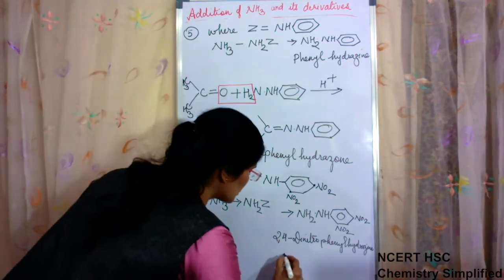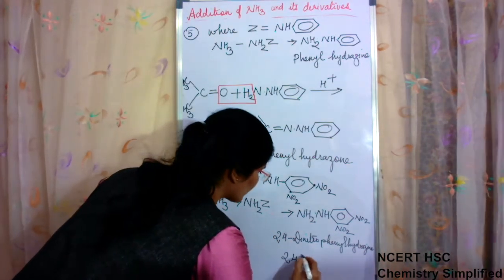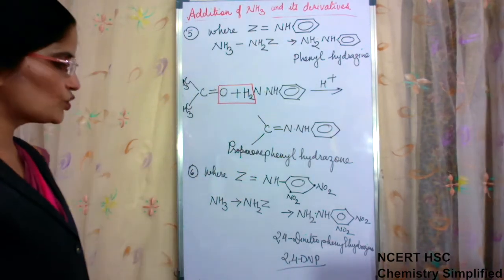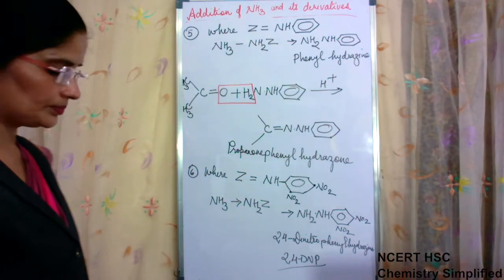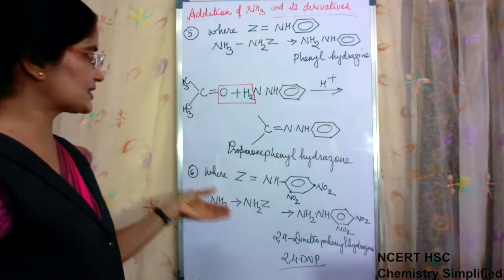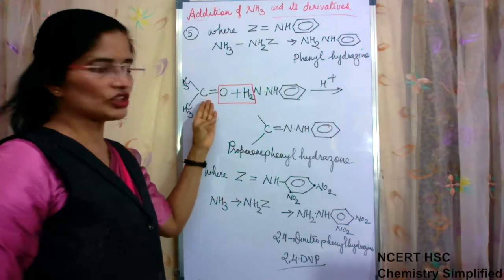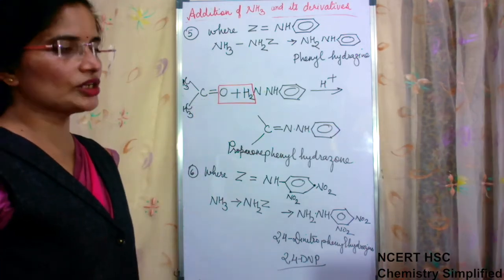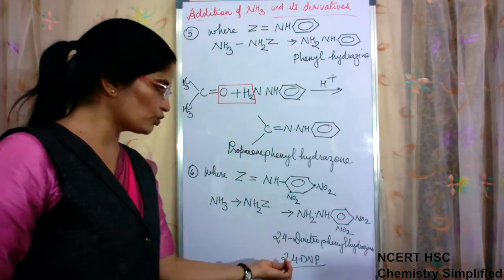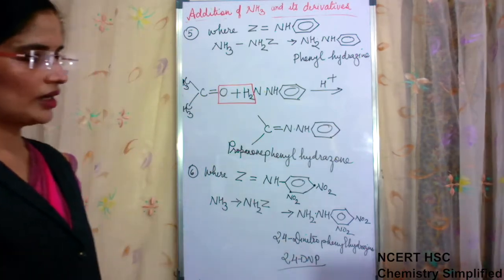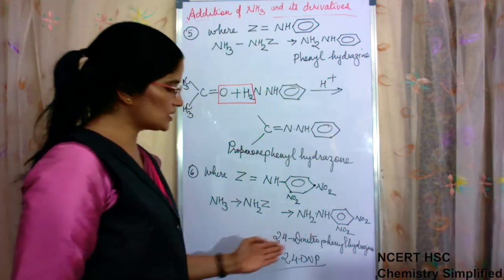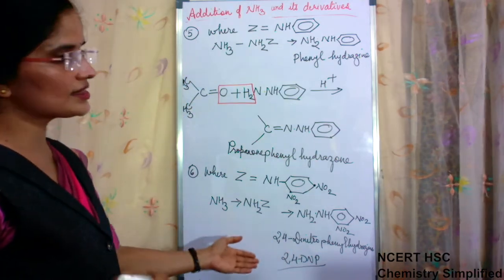In short, it is 2,4-DNP. It is known as 2,4-DNP in short. And this is an important test for identification of carbonyl group, maybe ketone, maybe aldehyde. This group is identified with the help of the 2,4-DNP test in organic chemistry practical, when we will do it. Why is this a test?